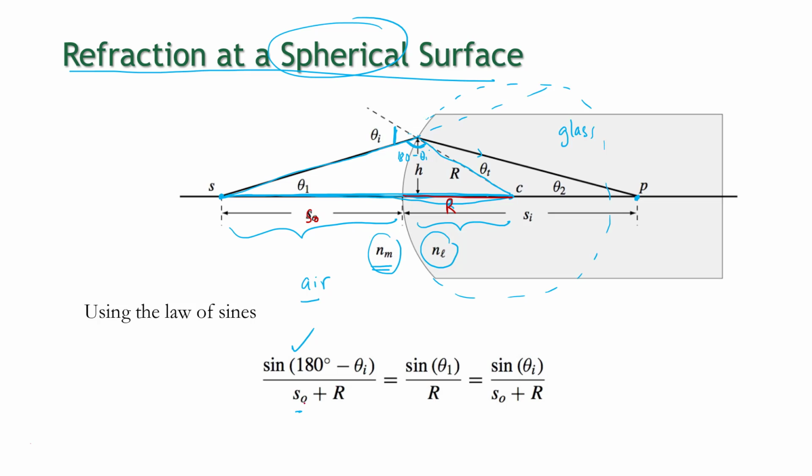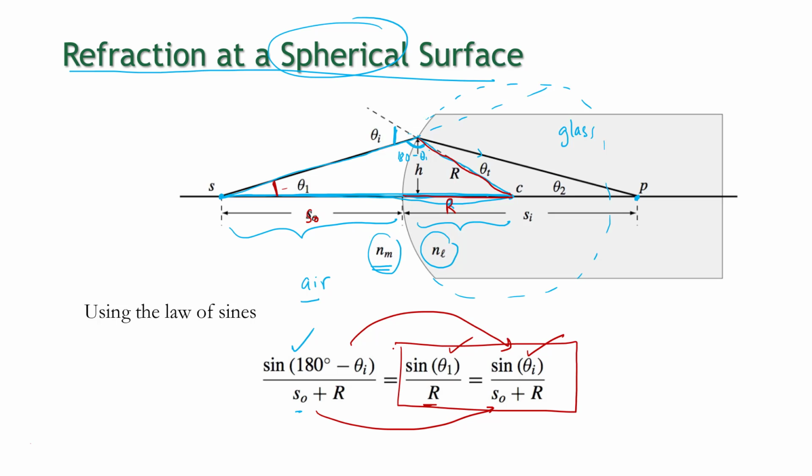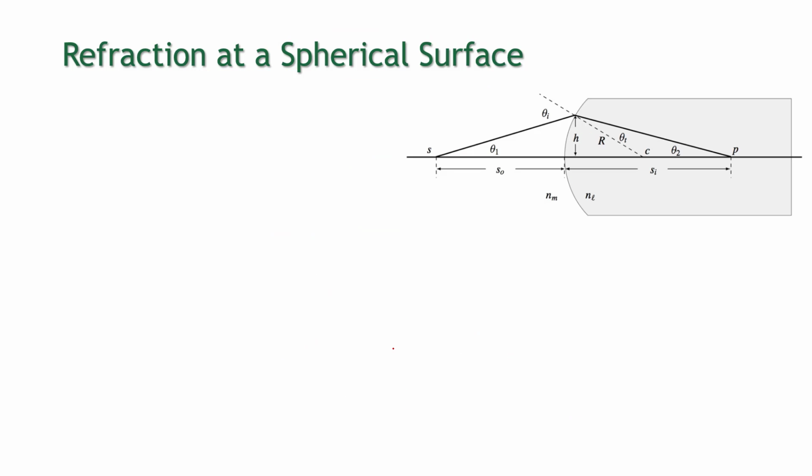So the total is S naught plus R, and then we can take another angle here. The sine of that angle, and opposite of that is this side, which is the radius of this sphere, R, which is also called the radius of curvature. So that's that, and then sine of 180 minus theta I is sine theta I. That's just as it is. So we have this expression. In a similar way, we can use another triangle. So this is this triangle.